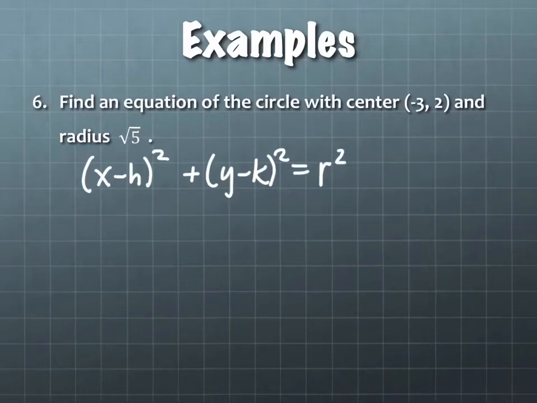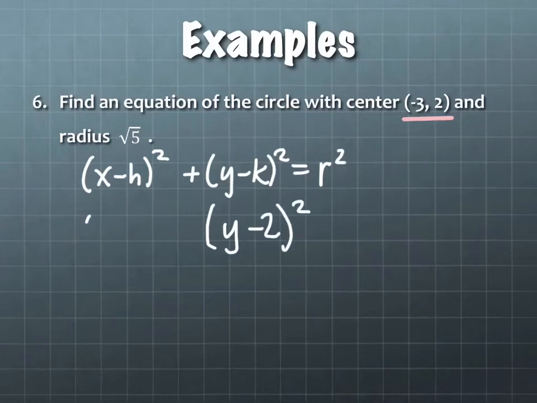Now, one thing I'd like to draw your attention to is, do you see right here the negatives are a part of the formula? So if you have a positive coordinate for your circle, like the 2, when I put that in, it's actually going to say y minus 2, because k is 2.